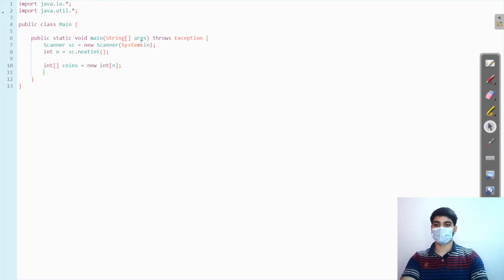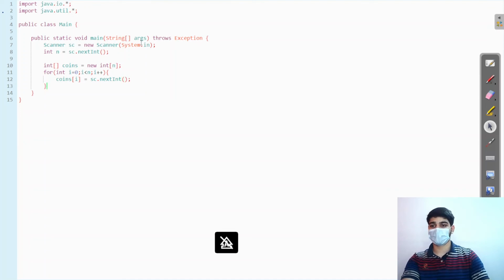So that would be of size n. For int i equal to 0, i goes till n, i plus plus, and coins of i is equal to sc.nextInt(). Then I have to take another input, which is my amount.